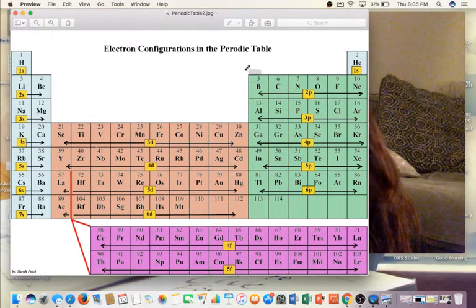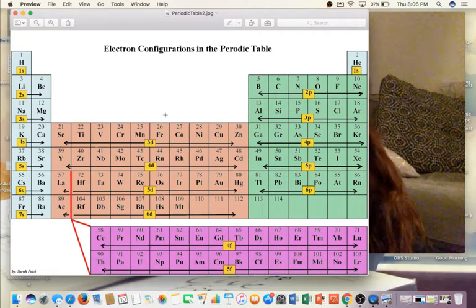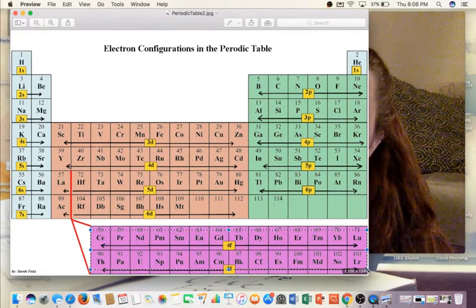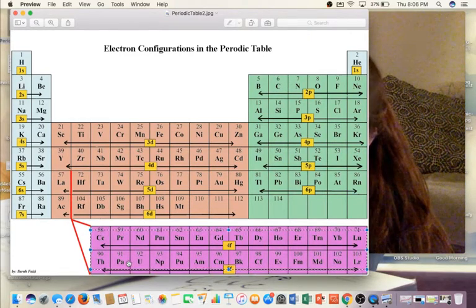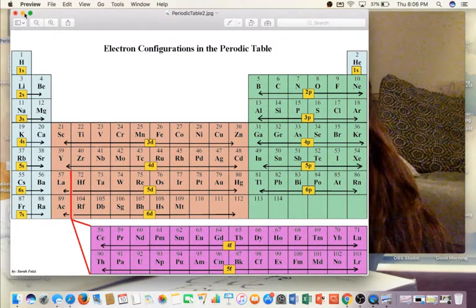Then your groups 13 through 18, ending with neon, not helium, are your 2P, 3P, 4P, 5P, and 6P. Down at the bottom, we have our F blocks with 14 spaces, so 14 possible electrons, with 4F, 5F. All right.